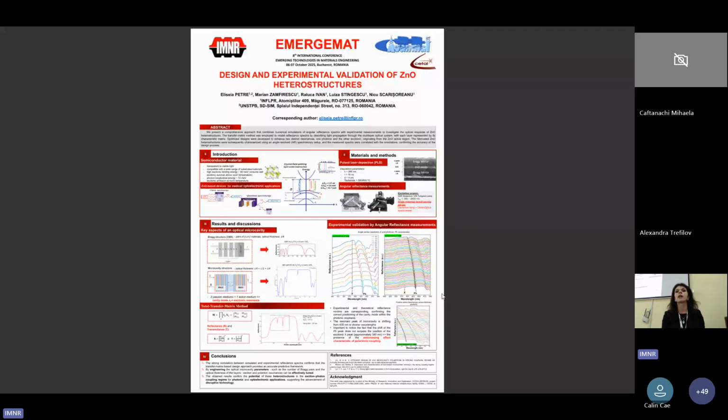It's a technique that allows us precise control for layer thickness. The spectra obtained for experimental validation were performed by angle resolved reflectance. So you can see that the minima of these 2 spectra, the theoretical one and the experimental one, are corresponding. So we confirm the accuracy of the model.